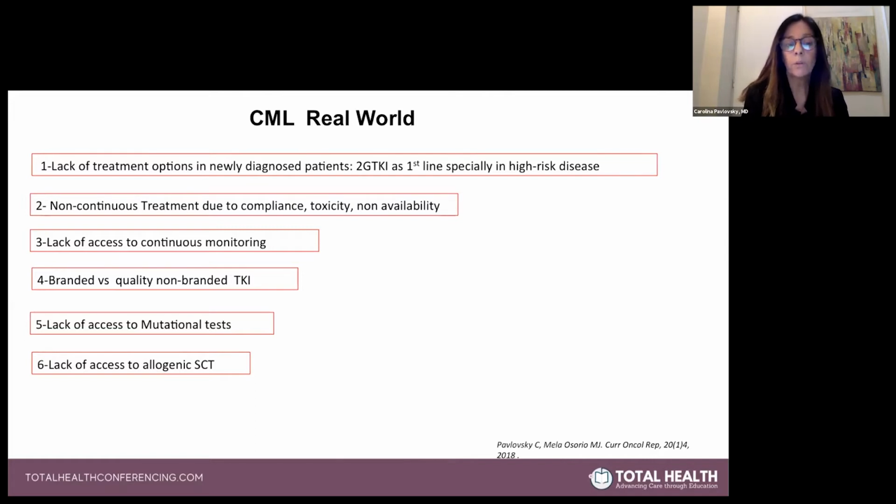Also, it's common to have a lack of access to continuous monitoring and also monitoring in non-standardized labs. So we have to go through monitoring in standardized labs.